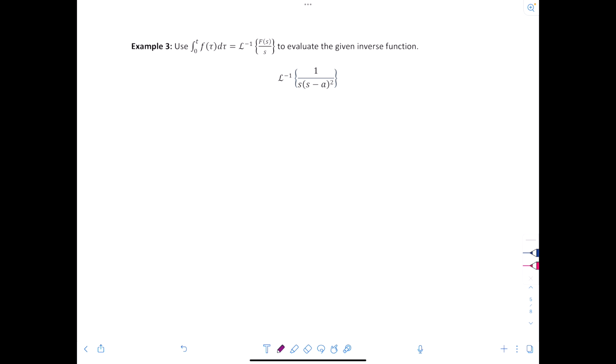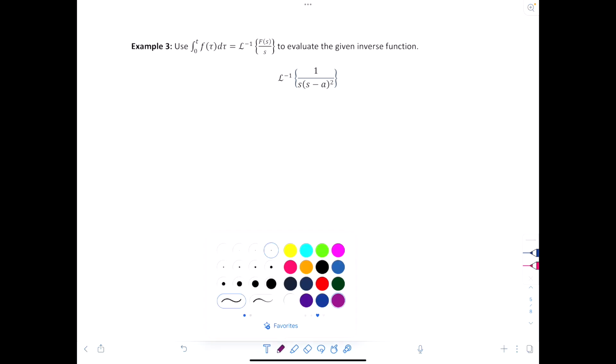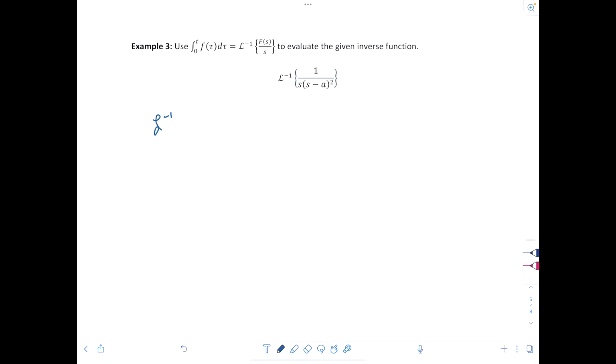So we want to write this as L inverse of one over s minus a squared over s.